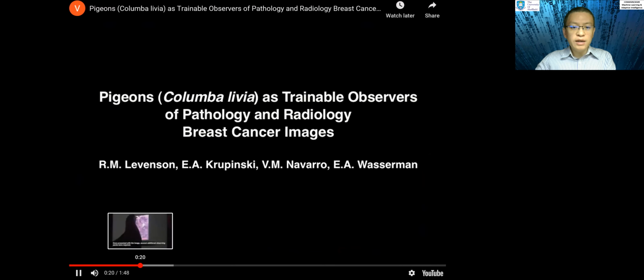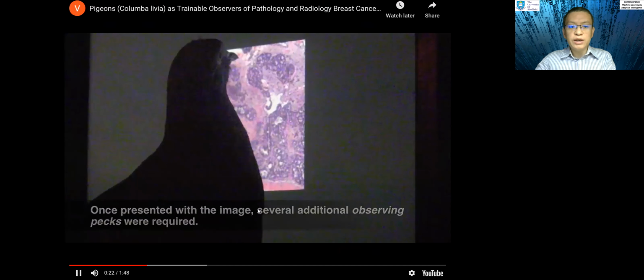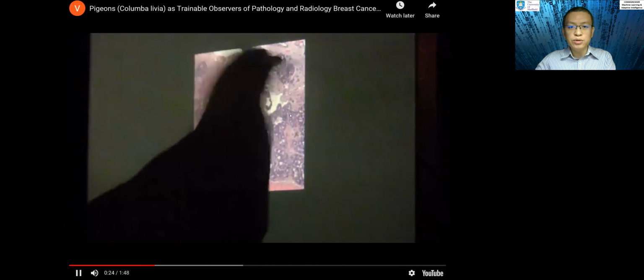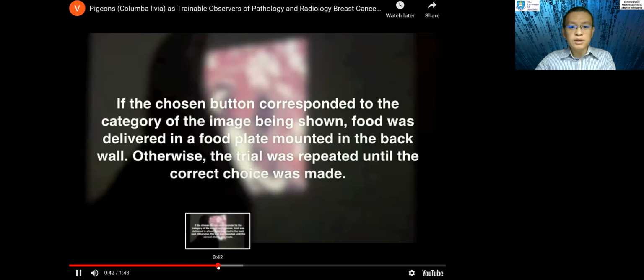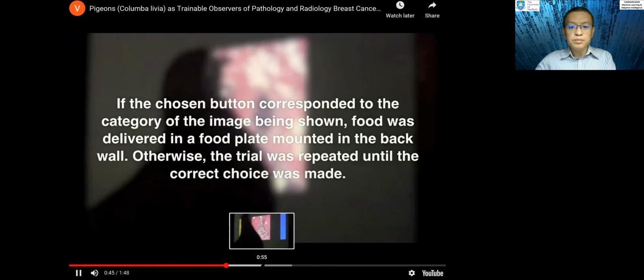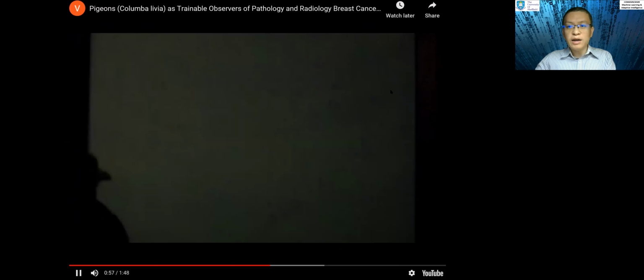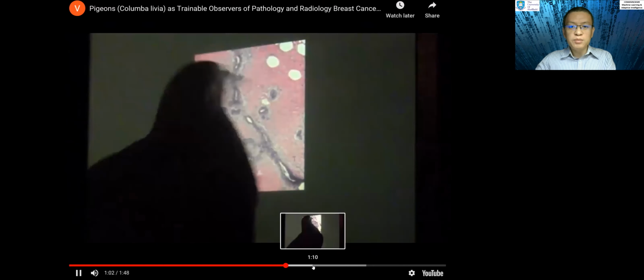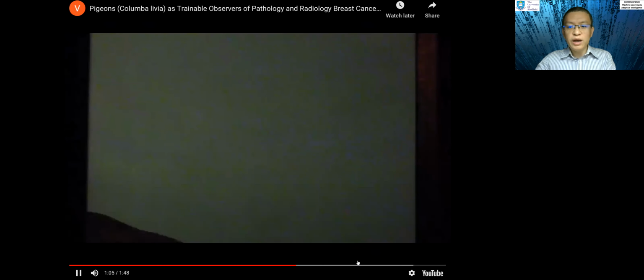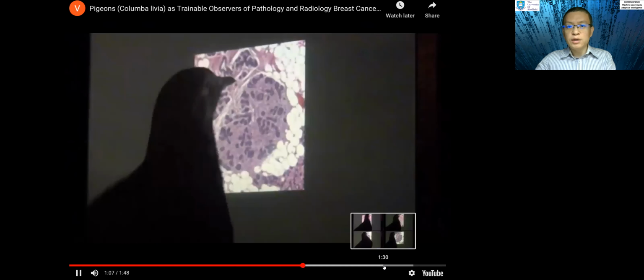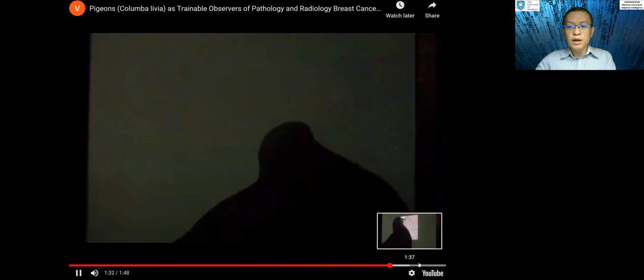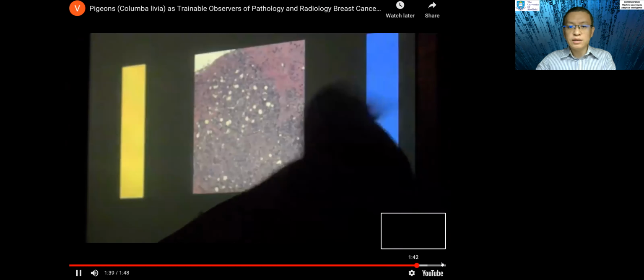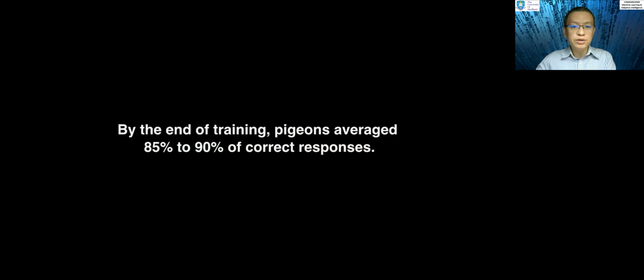Basically, the scientists have shown some breast tissues to pigeons and provided yellow bars and blue bars to indicate positive and negative, and rewarded the pigeon with food to train it to diagnose breast cancer. And they have been quite successful in achieving a diagnosis accuracy of 85% to 90%.